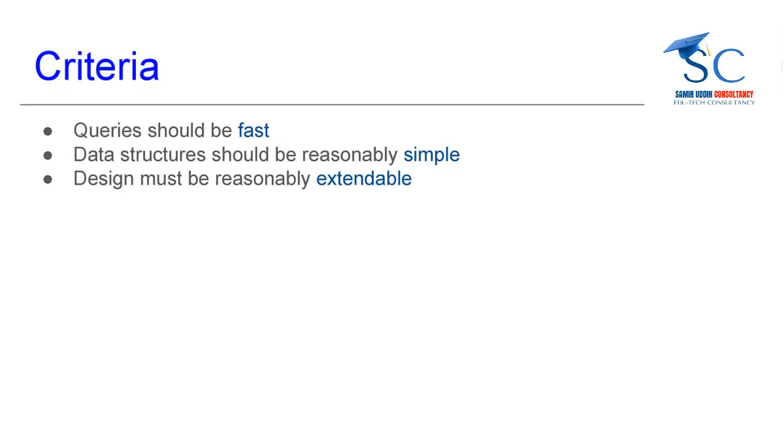Anyway, general criteria that should be acceptable are queries should be fast. I think that everyone agrees on this. And then the data structures themselves should be reasonably simple and reasonably extendable. Extendable because, you know, the requirements change over time. Developers can be asked to add or remove features in their applications, and they must be able to do it without changing the database design completely.